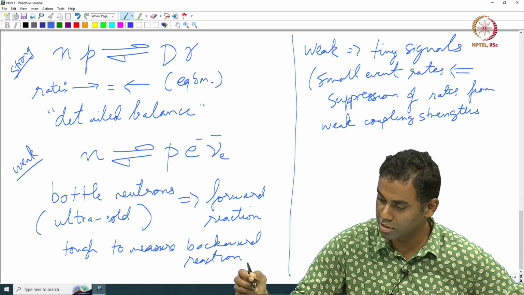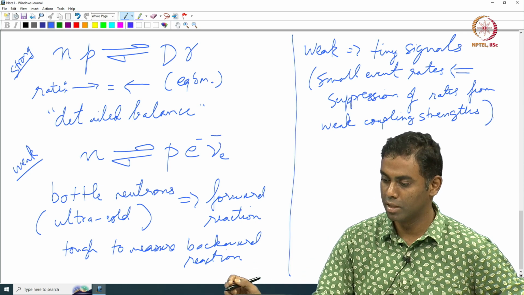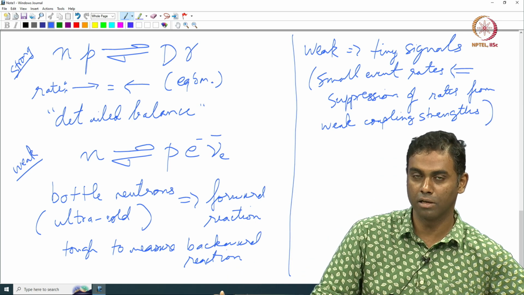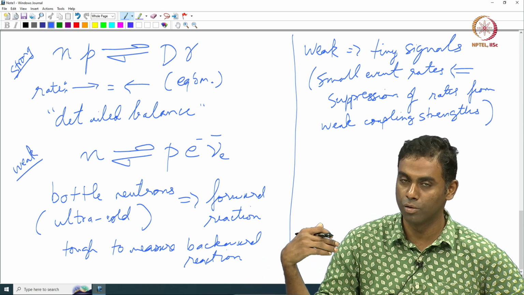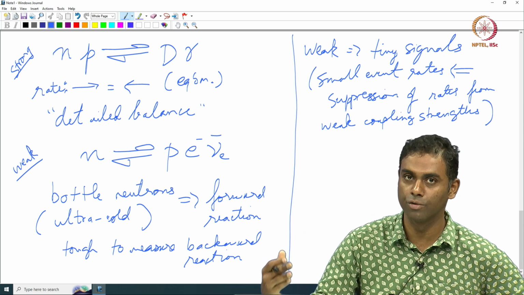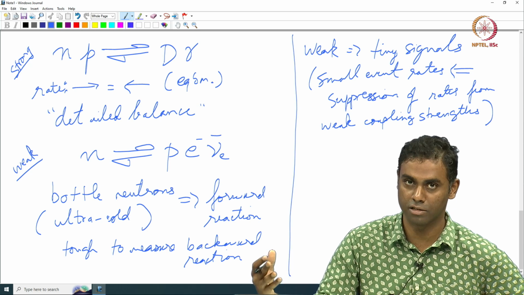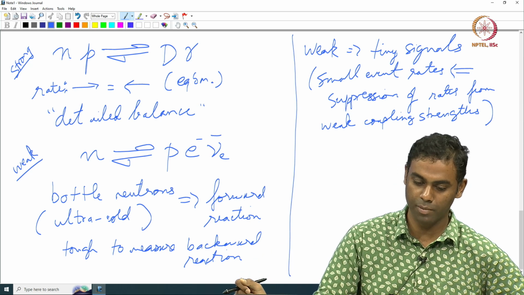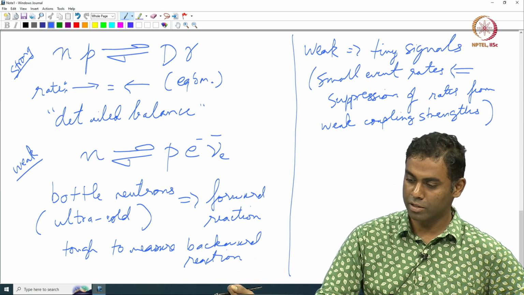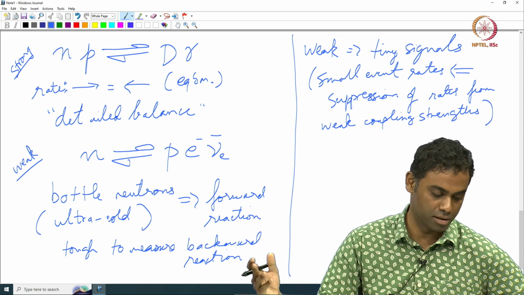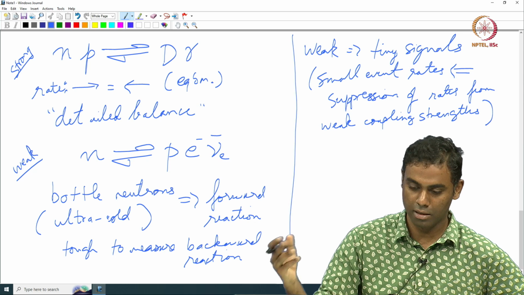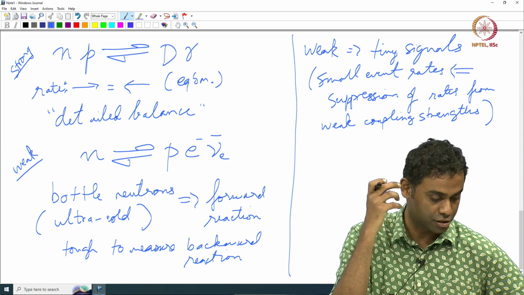What are coupling strengths? We will encounter all this. There is a reason why the weak interaction is called the weak interaction, because it's a very feeble interaction, so you don't interact enough and produce large enough rates in particle processes. So you are hampered by all this, and it is very hard to test time reversal in weak interactions.